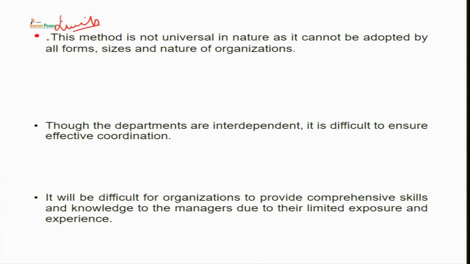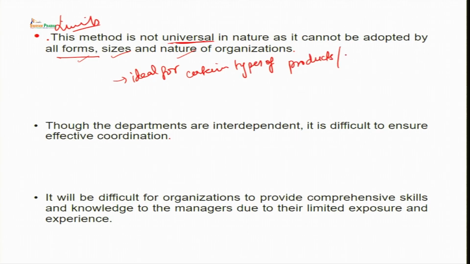So, the method is not universal in nature as it cannot be adopted by all kinds of organization, that is, in all forms, sizes and nature of the organization. This method is only ideal for certain types of organizations which produce certain types of products and goods or maybe certain services they are rendering.